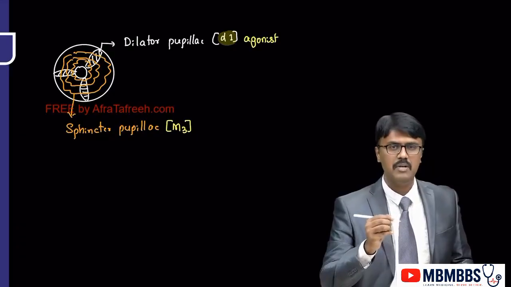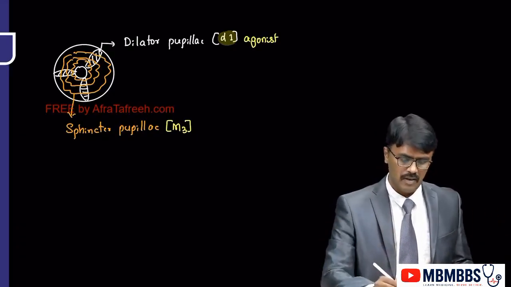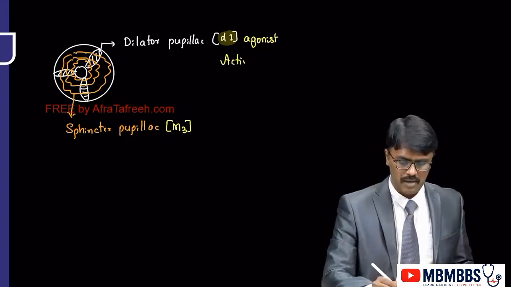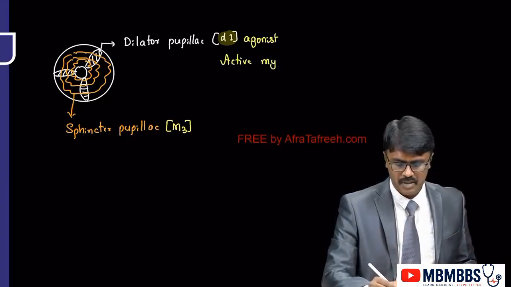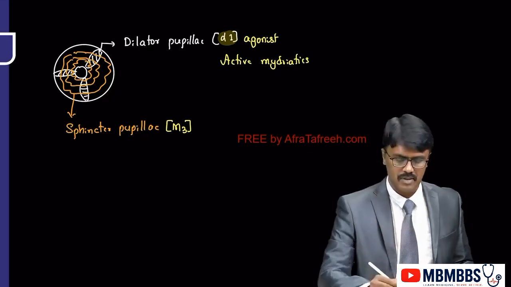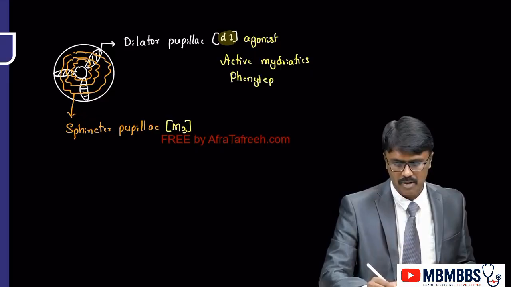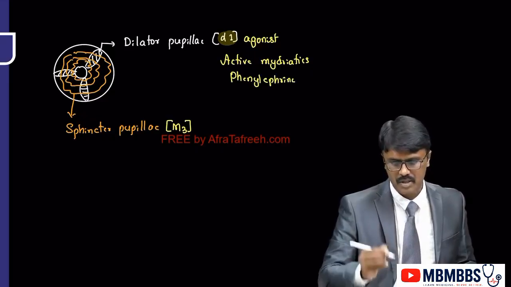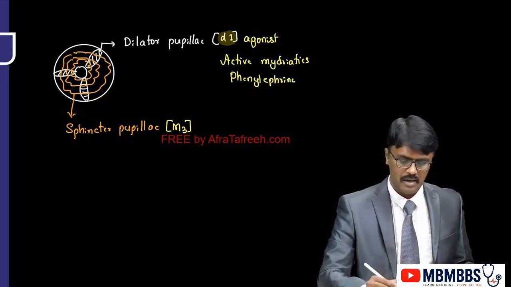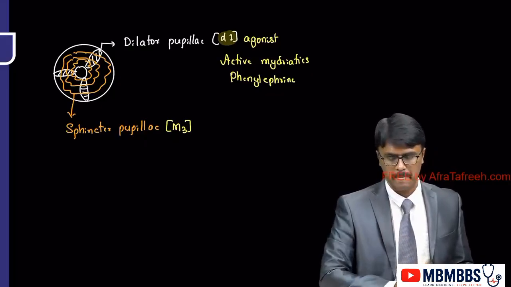The dilator pupillae will become stronger and dilation of the pupil occurs, and these are called active mydriatics. An example of an alpha 1 agonist is phenylephrine, an active mydriatic.